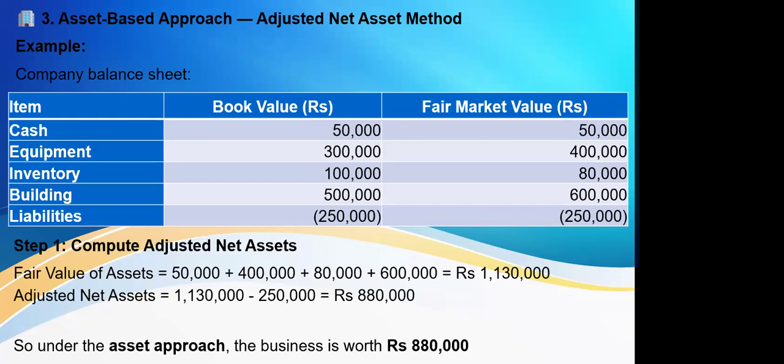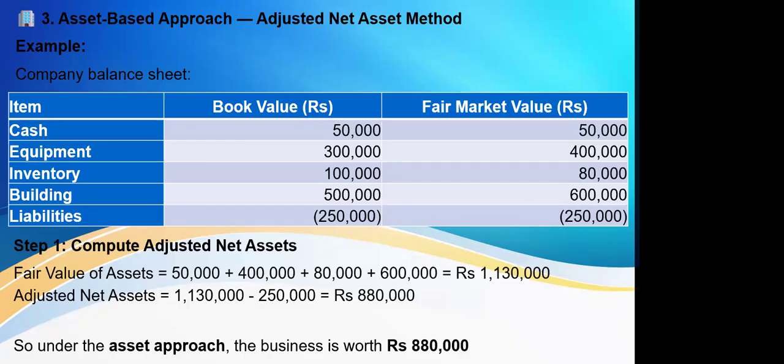My God, you are going to lose 180,000. So you can tell, hi, this is the book value, this is the market value, so if you agree, I will sell this at 880,000.